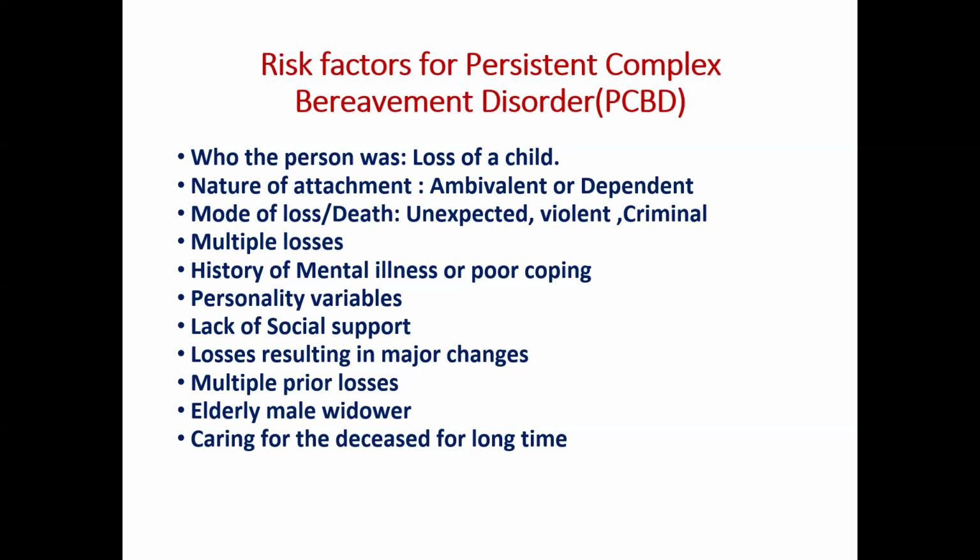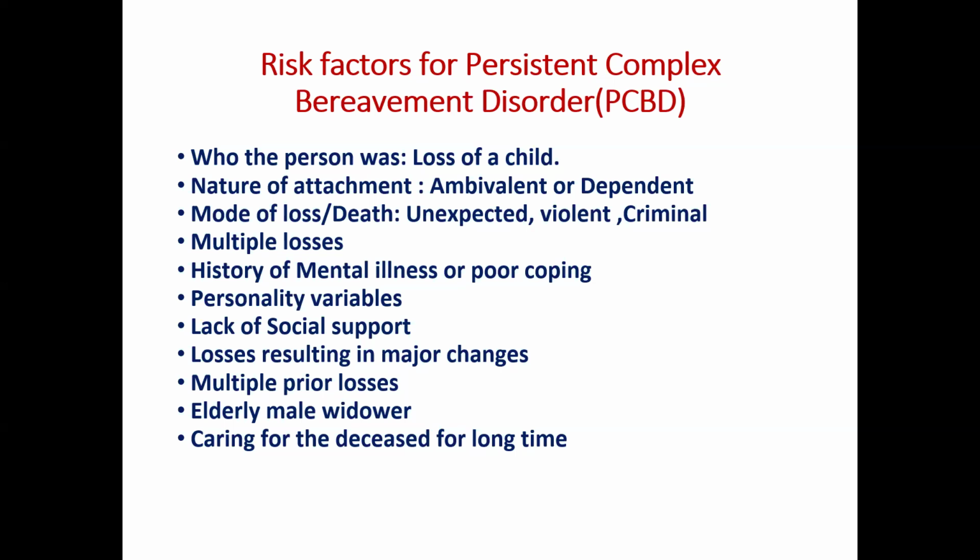So, what are the risk factors for what we call complex bereavement disorder, which is basically bereavement beyond 12 months for adults, 6 months for children? Who's the person who died? If it's the loss of a child, this can cause persistent complex bereavement disorder.